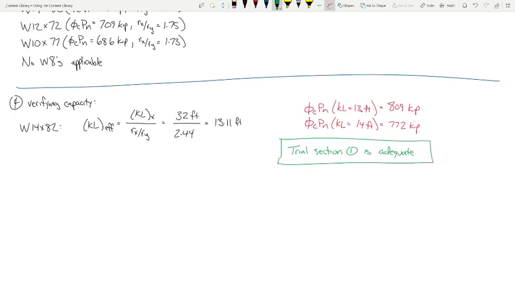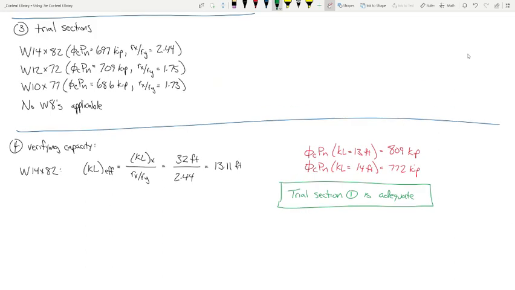Looking at just these numbers, I didn't even need to look this up. Because by recognizing that KL effective is 13.11 feet and KLY is 16 feet, I know that the capacity of this column is based on the weak axis, not the strong axis, and the actual capacity of the column is 697 kips. Does that make sense? The point I'm getting at is I'm trying to save you from having to linearly interpolate every step when you didn't need to. Does that make sense?